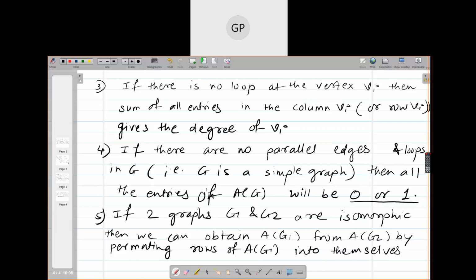What is permutation? Arrangement. So you can rearrange the rows of AG1 among themselves, and do the same for columns. The converse is also true. That means from AG1 you can get AG2, and from AG2 you can get AG1.